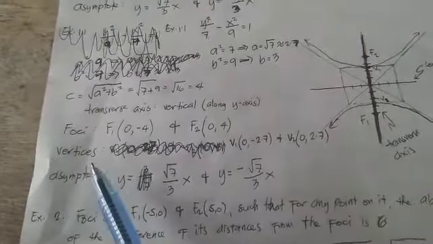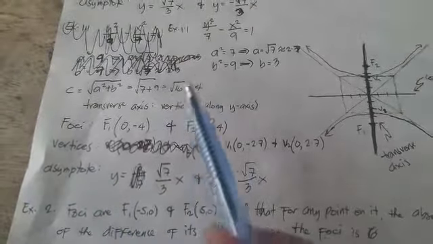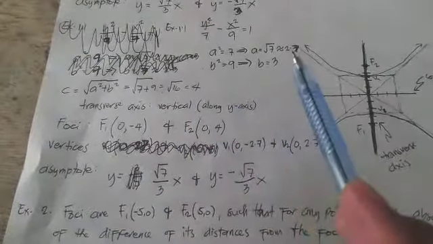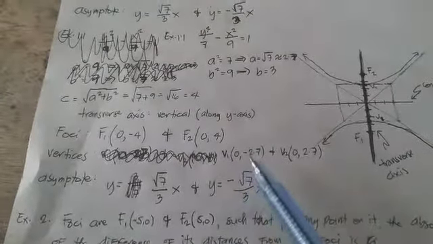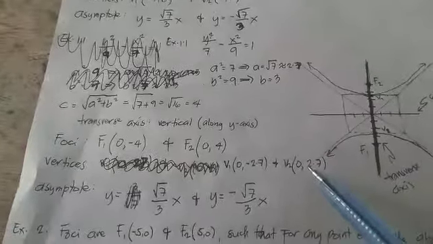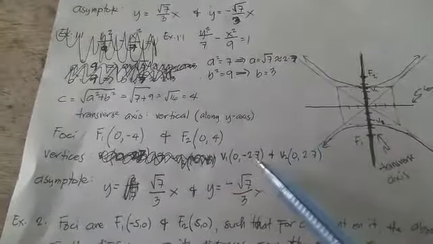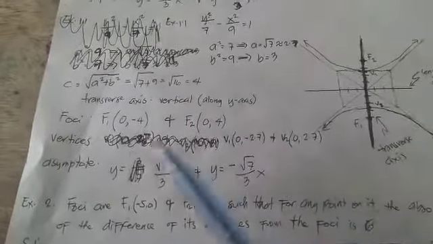Now, for the vertices, since the center to the vertex is A distance and our A is approximately equal to 2.7, we have 0, negative 2.7, and 0, 2.7. Again, the transverse axis is along Y, so we place 2.7 on Y. And last, we have the asymptote.